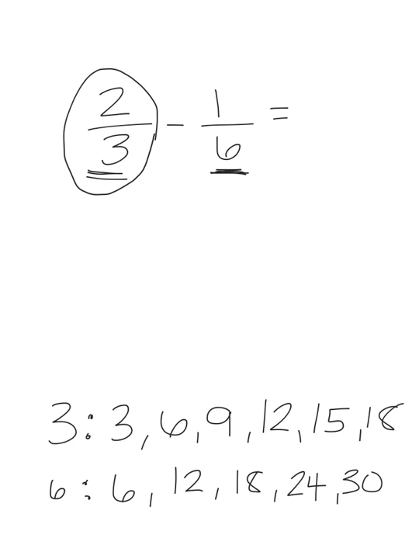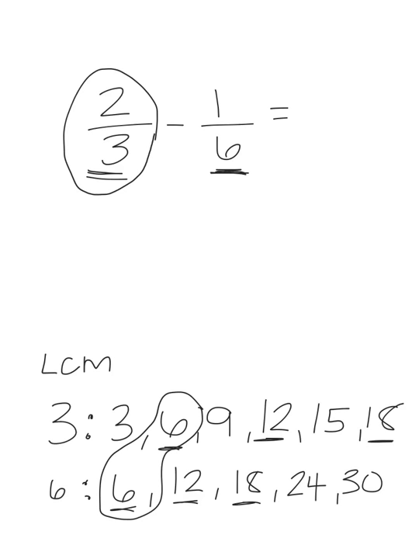Right. And again, I'm just going to do a couple of them. Now remember, we want to take our least common multiple, just like we did when we were adding fractions. Right. Well, the common multiples I have are 6 and 12 and 18. Right. I want to take that least common multiple, which is 6.